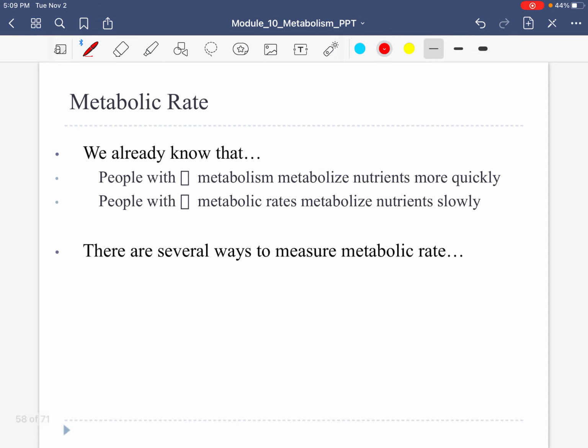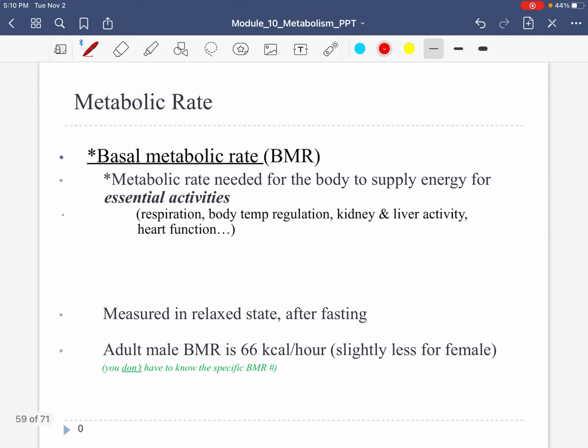Let's talk briefly about metabolic rate. We already know that people with a high metabolic rate metabolize nutrients quickly. Maybe you've got a friend, maybe it's you, who can eat whatever they want, never gain weight, probably because they have a high metabolic rate. People with a low metabolic rate tend to metabolize nutrients more slowly.